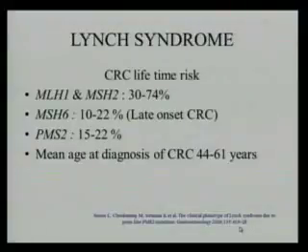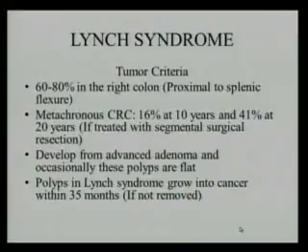PMS2, 15 to 22%. And the mean age of diagnosis is between 44 and 61. Remember, in sporadic colorectal cancer, it was 69. So this one is earlier than sporadic colorectal cancer.